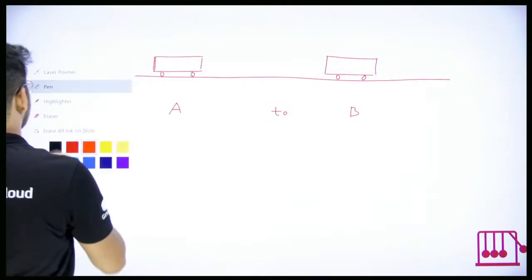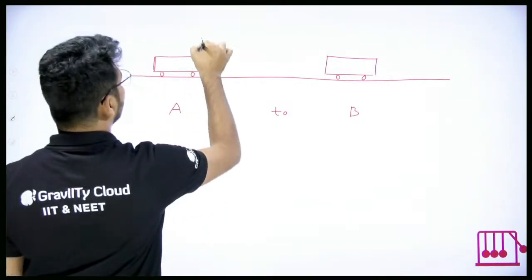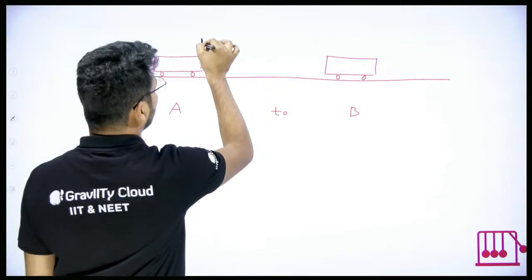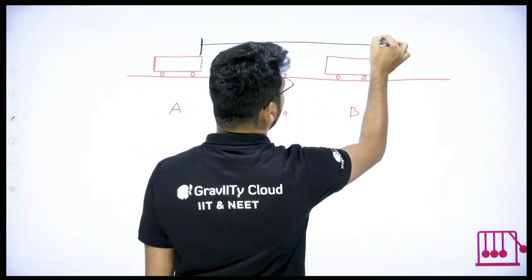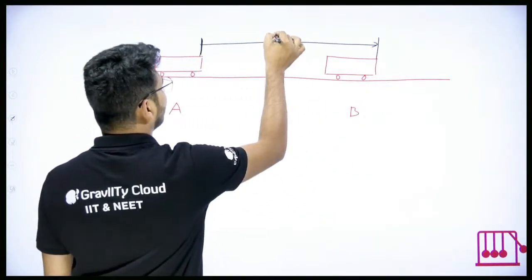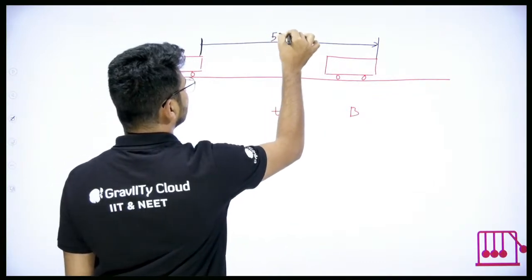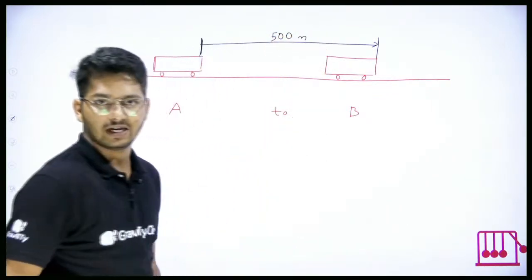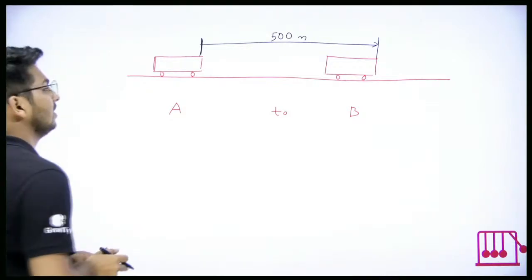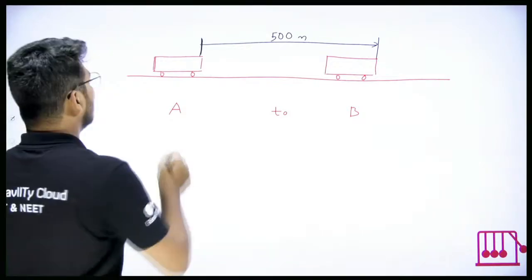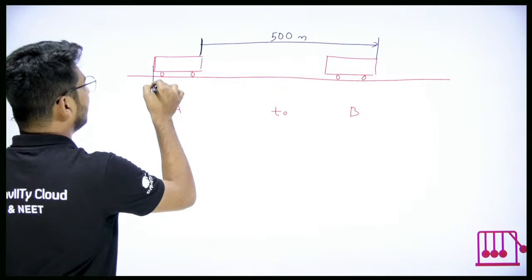Now look at this. If the front of the car has traveled a distance of 500 meters, the question is, how much did the back of the car travel?